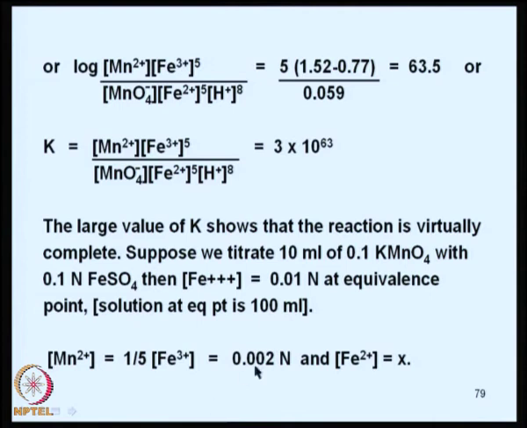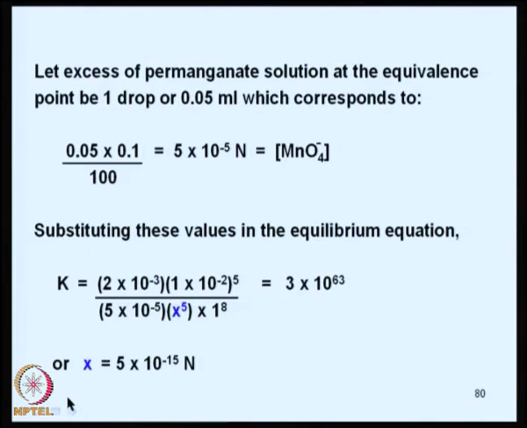So, at the equivalence point ferric would be 0.01 normal and manganese would be 1/5 of this, that is 0.002 normal. Fe2+ is unknown, because at that time most of the ferrous would have got converted to ferric, and how much ferrous is there we do not know.